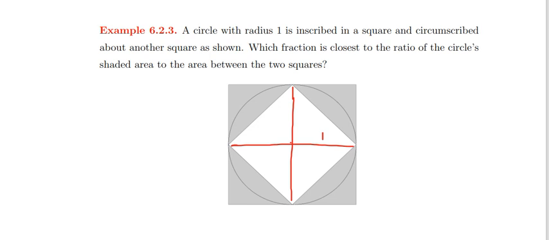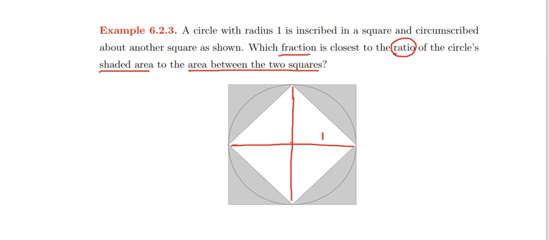So the question is, which fraction is closer to the ratio? We need to find the ratio of the shaded area to the area between the two squares.